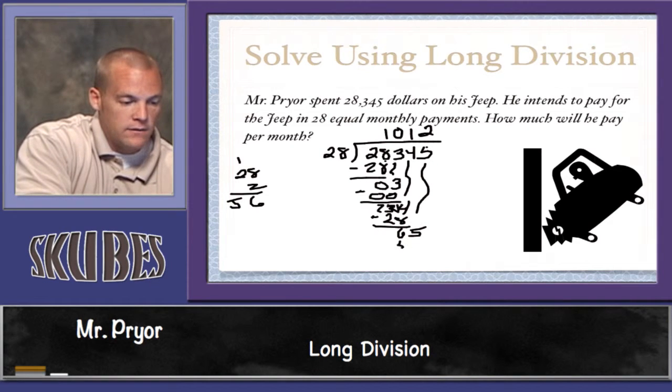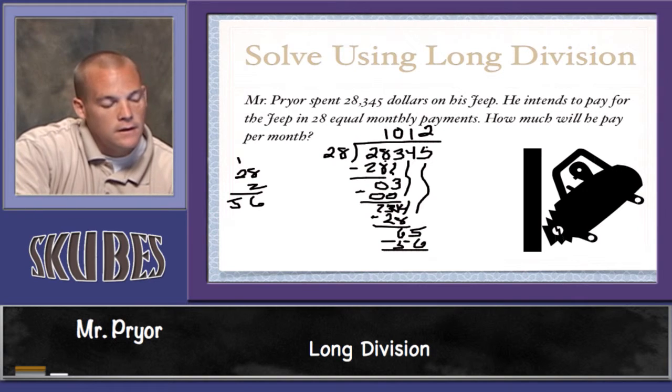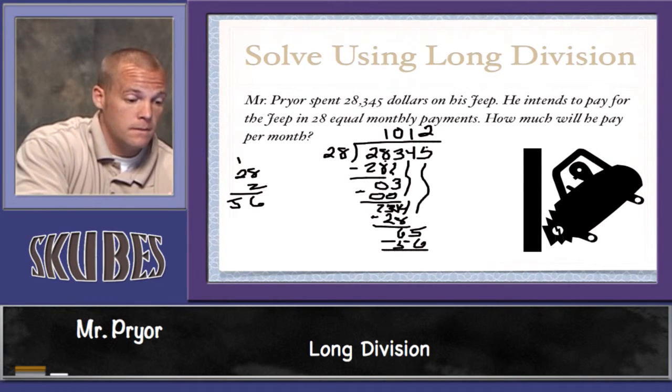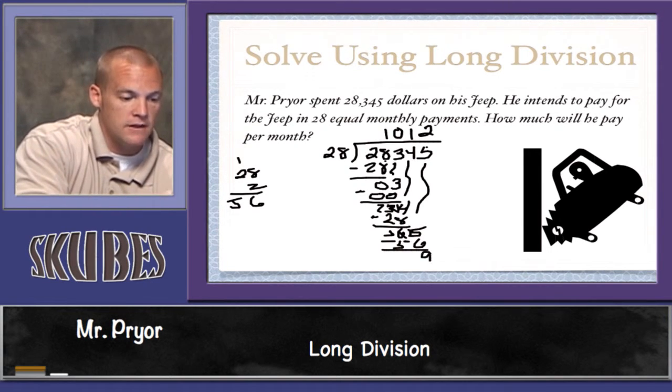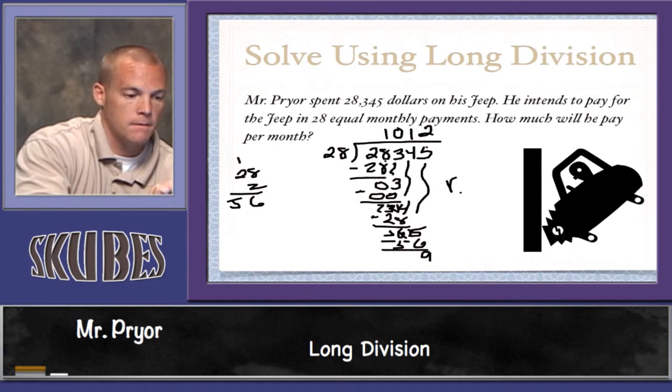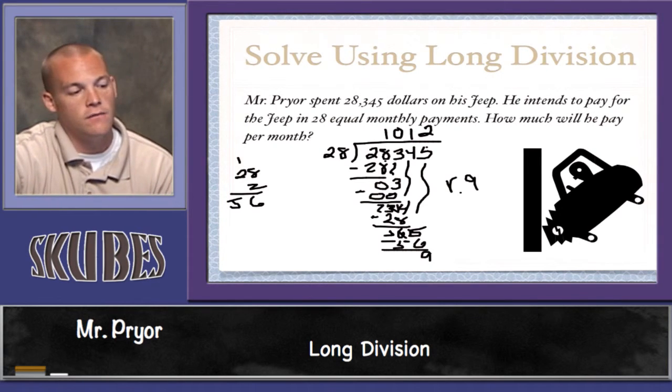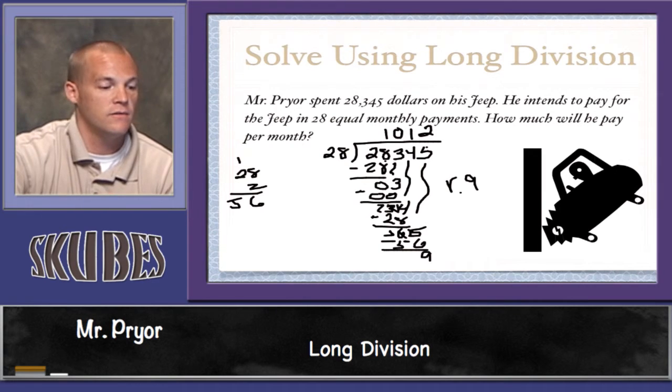So 2 times 28 is 56. Now we're ready to subtract. 65 minus 56, if you're not sure what that is, you need to borrow. And you end up with 15 minus 6, which is going to be 9. And that's your remainder. So 1012 remainder 9 is going to be your final solution.